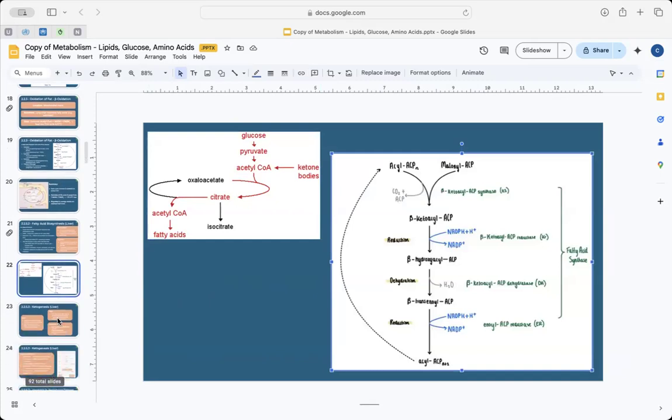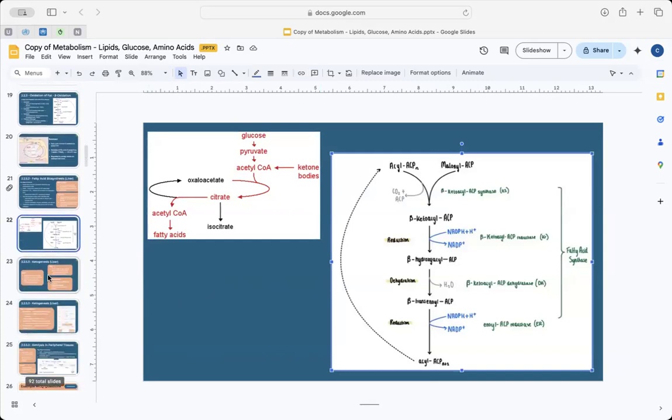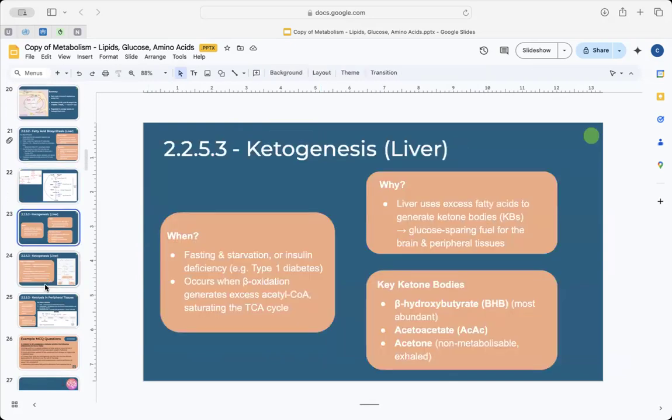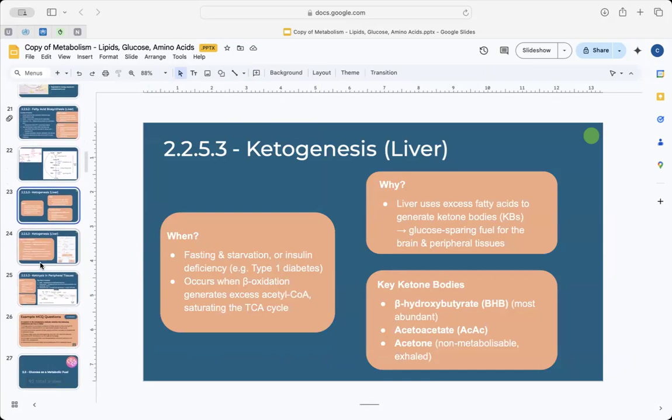Okay. I feel like I'm doing a bad job at going slowly. But our next bit on this is ketogenesis. This only happens in fasting and starvation, or in an insulin deficiency, so people with type 1 diabetes might go into ketogenesis.